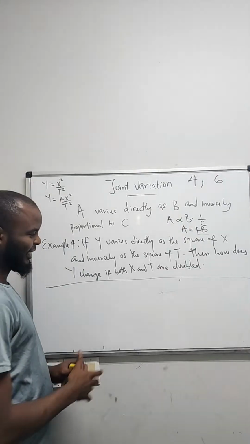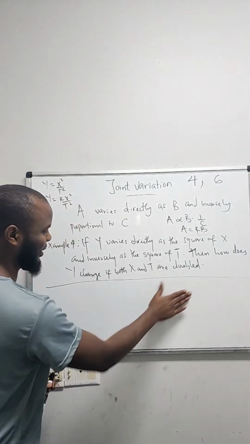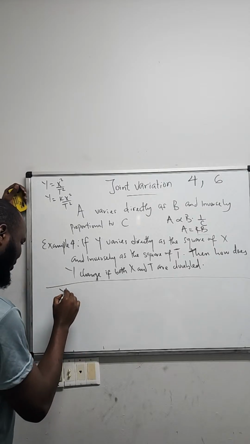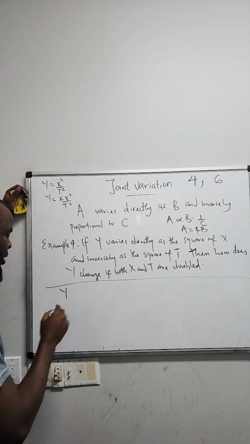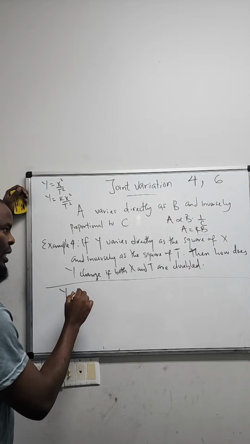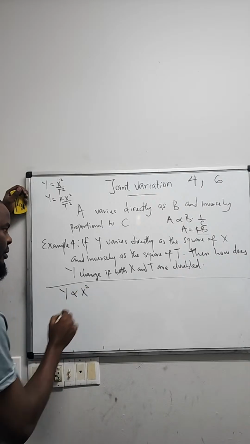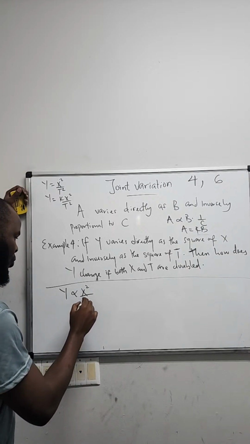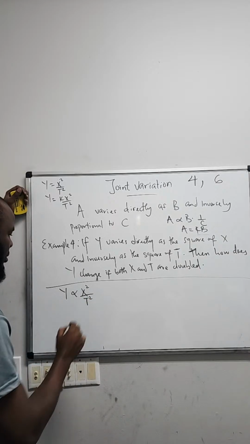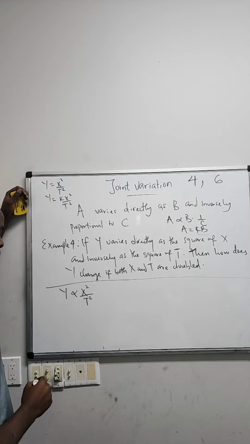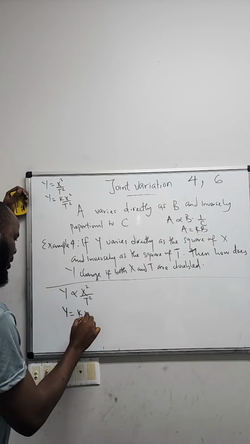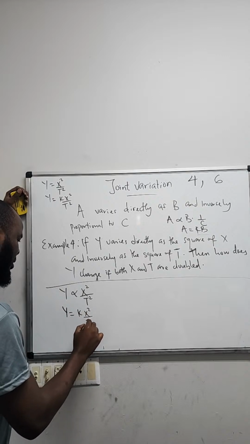Let's see. It says if y varies directly as the square of x and inversely as the square of t. Let's do this. y is going to be k x squared over t squared.